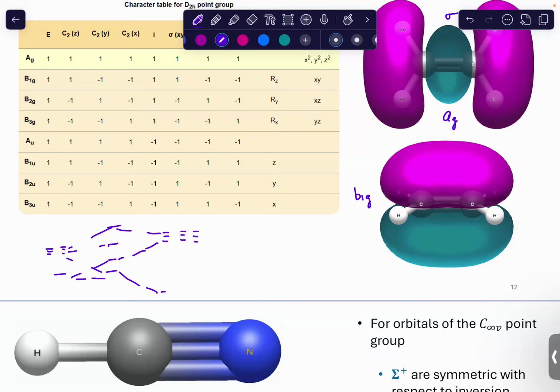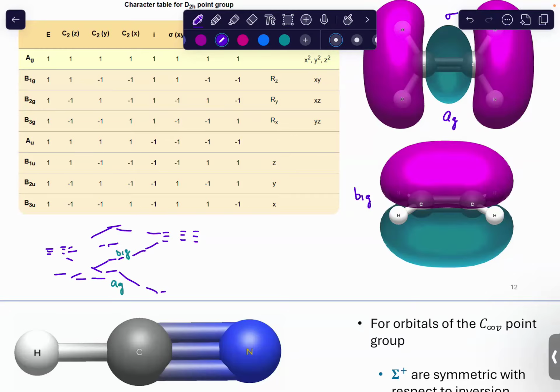Something crazy like this, because you'll see that later. These are all going to be your AG, B1G, stuff like that. So this is how you're going to start to understand molecular orbital structures. That is a really rough diagram, but I think it gets the point across.